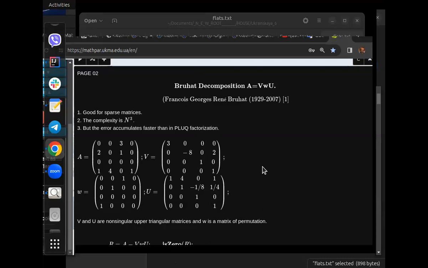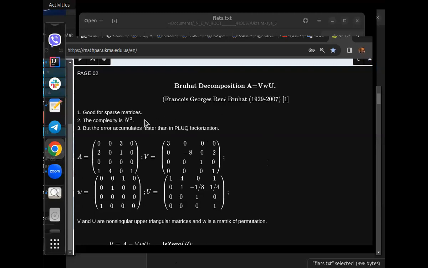In this case, V and U are upper triangular matrices. It is very important for algebraic geometry and in representations. And what is very important is that in this case, we can use a sparse matrix. The sparsity is saved in such a decomposition.